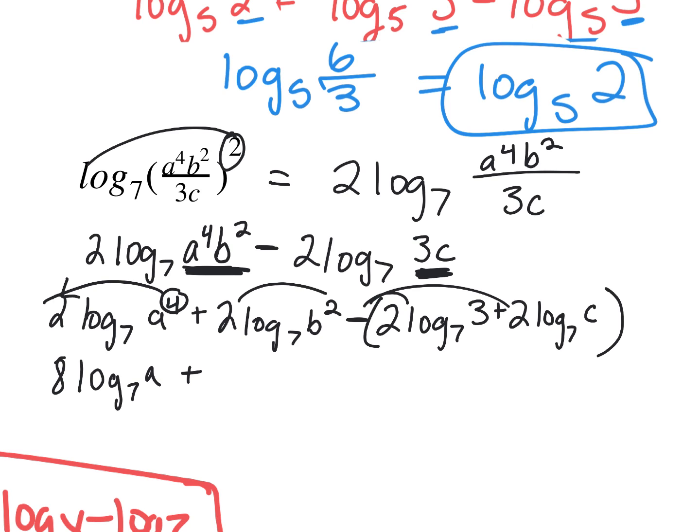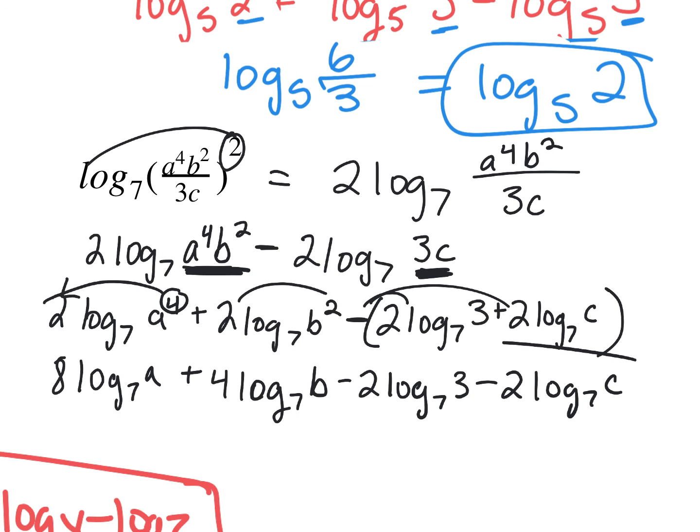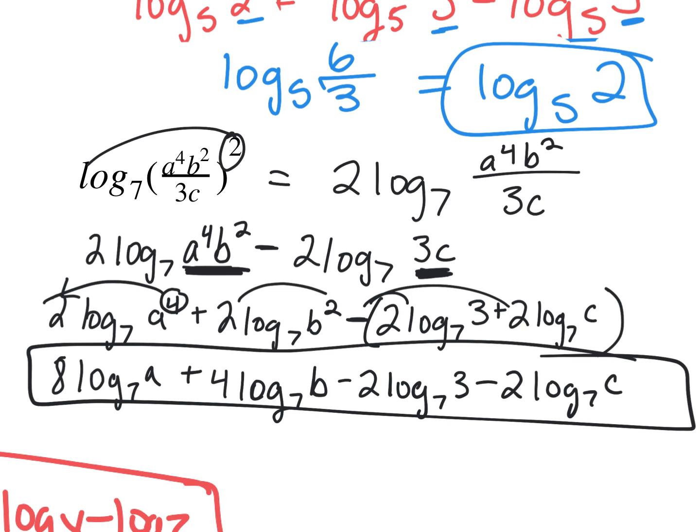Yep, 2 times 2 is 4. 4 log 7 of b. And then distribute. Then minus 2 log 7 of 3. Then minus 2 log 7 of c. That is it. You did it.